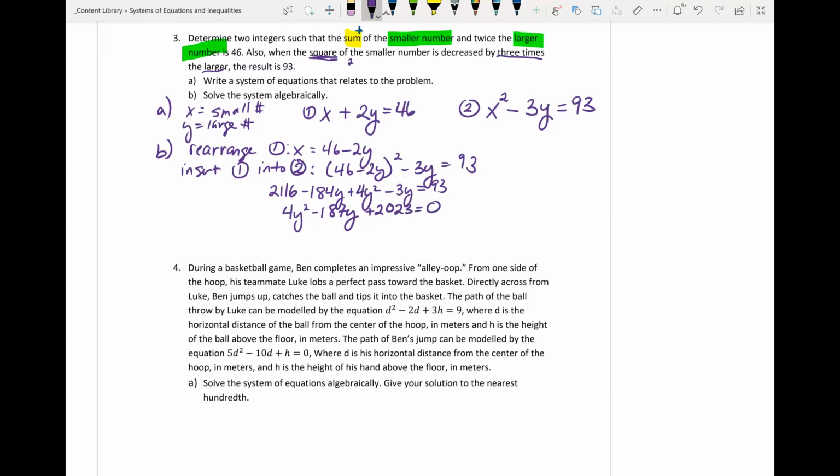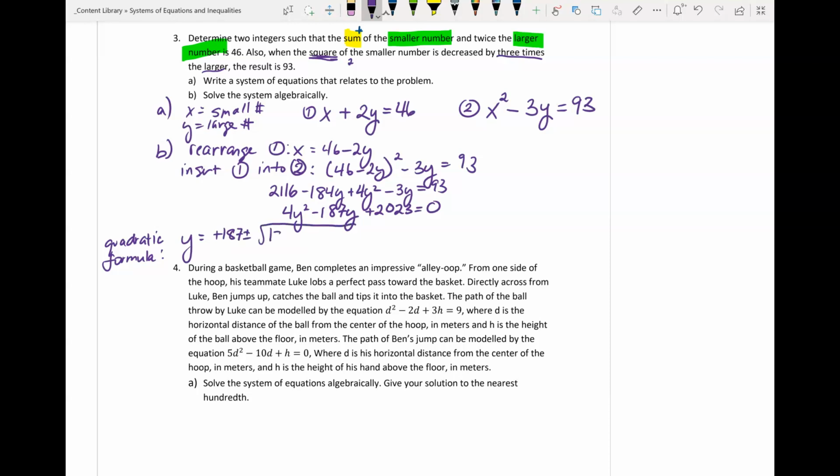And just by looking at this, we're probably just going to use the quadratic formula to solve. All right, so my b is negative 187. That negative times negative becomes a positive.